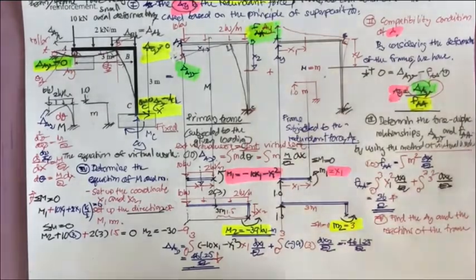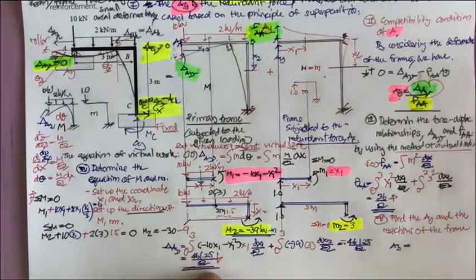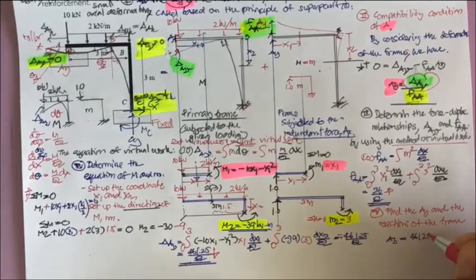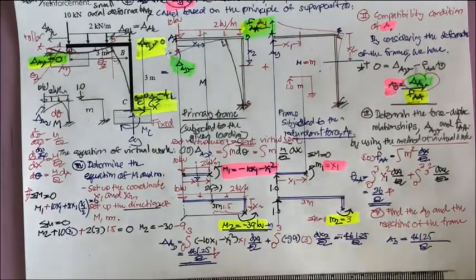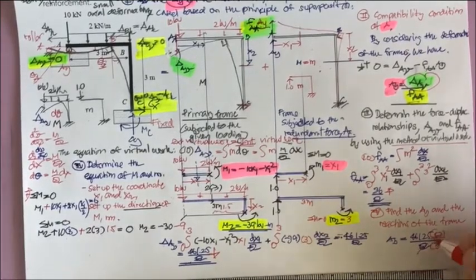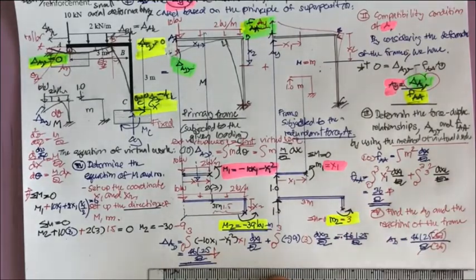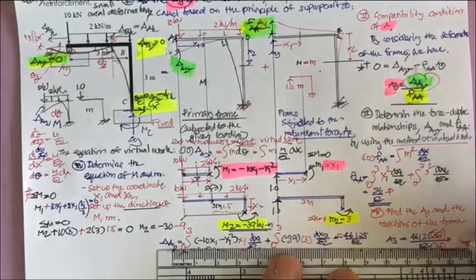Okay, by doing this, your A sub Y is going to be equal to 461.25 over EI, and then it's going to divide by 36 over EI, and EI cut EI, you get the A sub Y of 12.81 kilonewton.